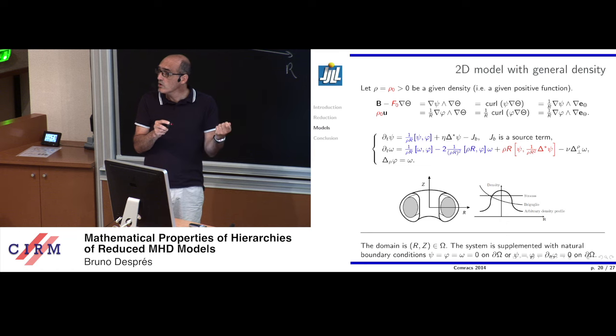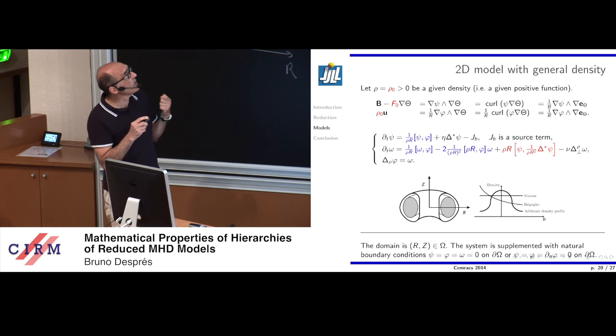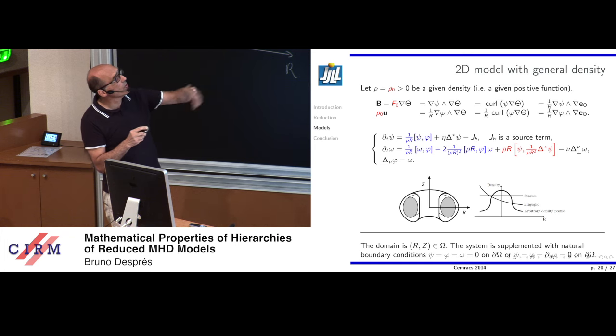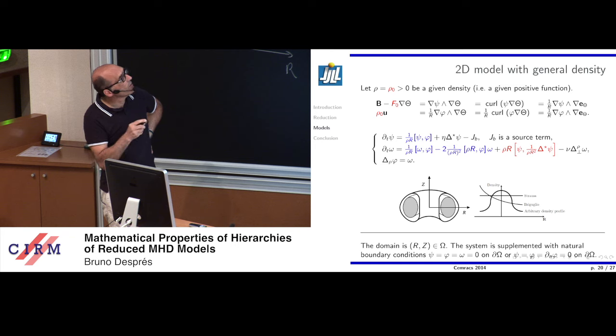So rho doesn't change. So if I decide on a rho naught at time t equals 0, I can use it during all the computation. And so it is very convenient to decide on an initial density like that and put it in the equation to see what's going on.